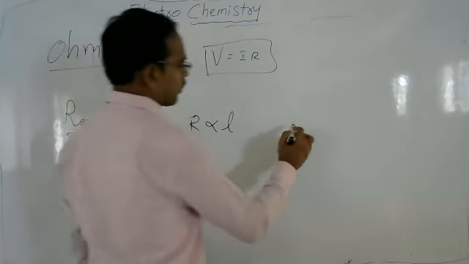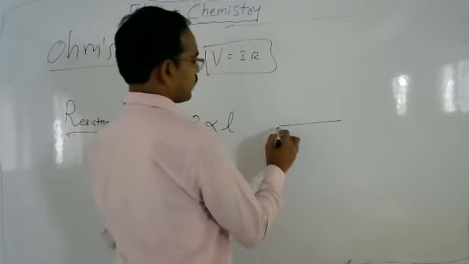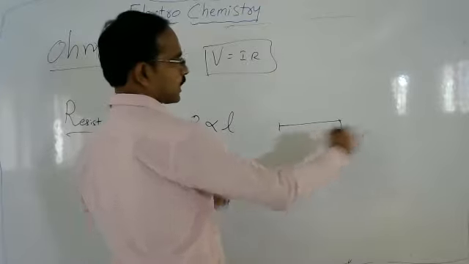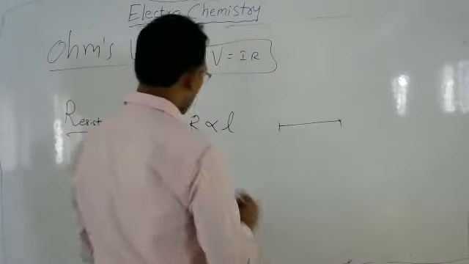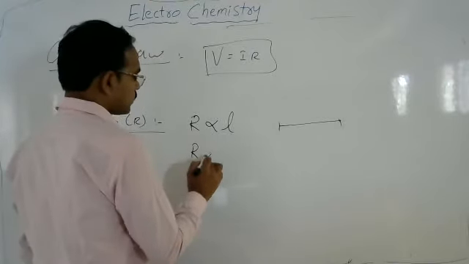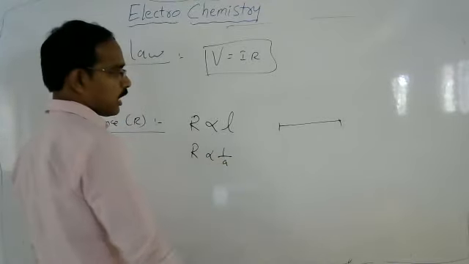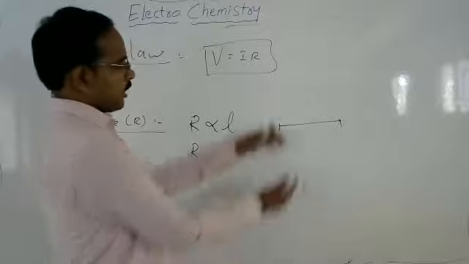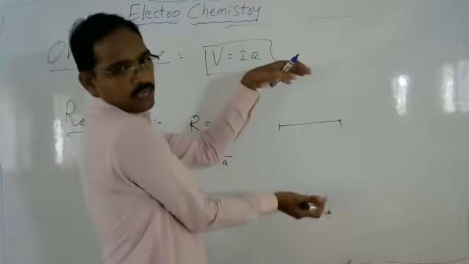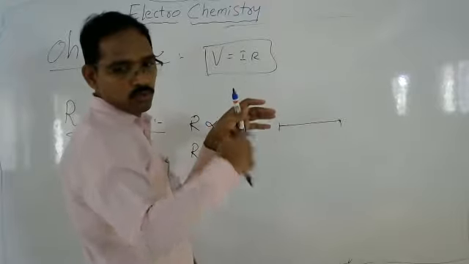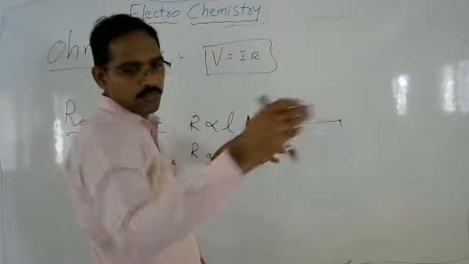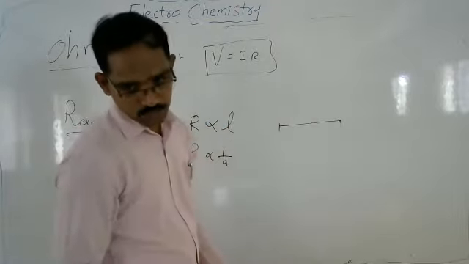In a wire, iron wire, whatever wire is there, if the distance is increasing, the resistance also increases. R is inversely proportional to A. If the area is increasing, many electrons can move, so the current is passing easily, so resistance is decreasing.